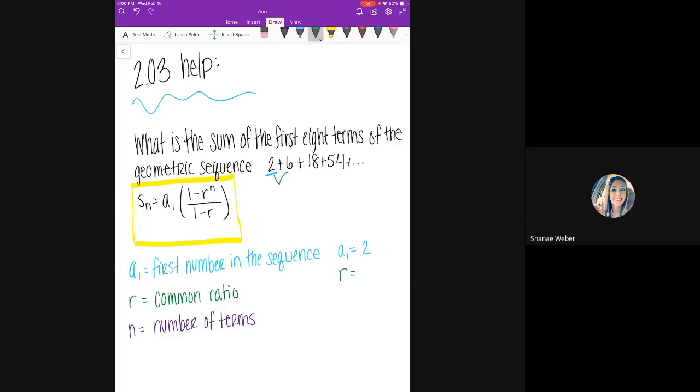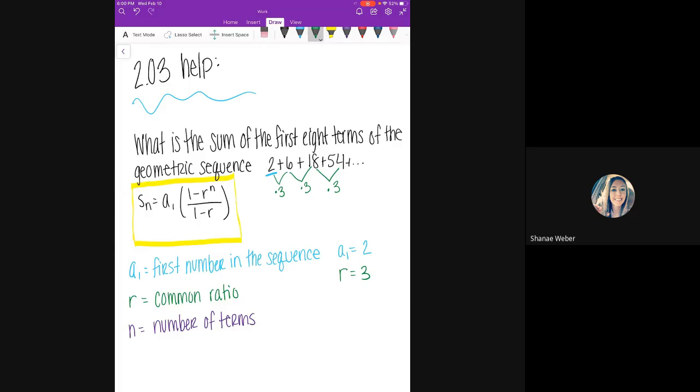It looks like our common ratio is times 3. And we always want to talk about multiplication or division here. So 2 times 3 is 6. 6 times 3 is 18. And 18 times 3 is 54. So our common ratio is 3.